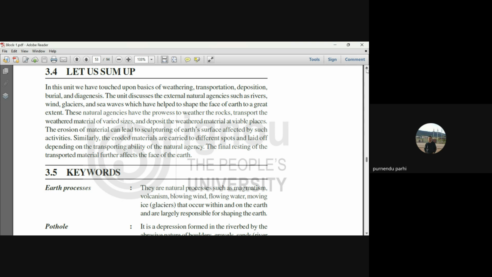So, in the earth processes, they are the natural processes such as magmatism, volcanism, blowing wind, flowing water, moving ice, or glaciers that occur within and on the earth and are largely responsible for shaping the earth.